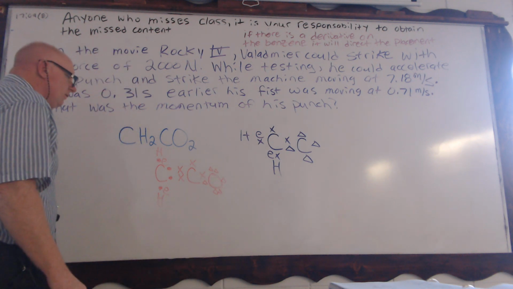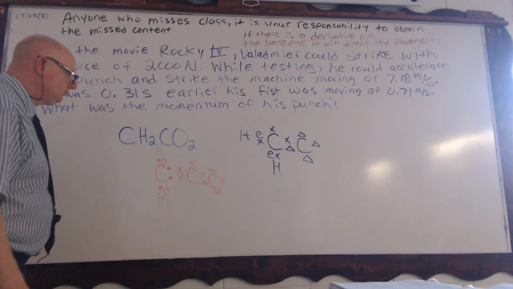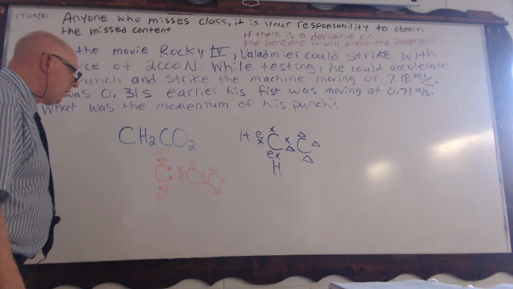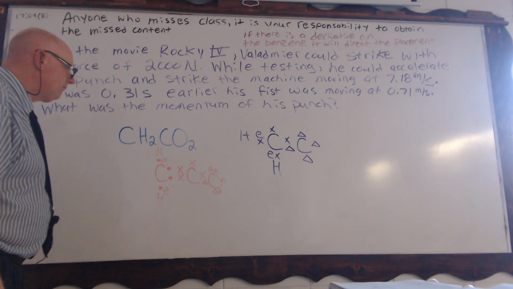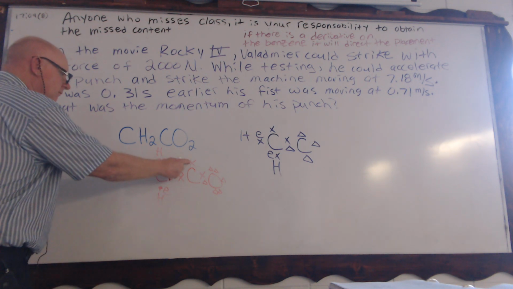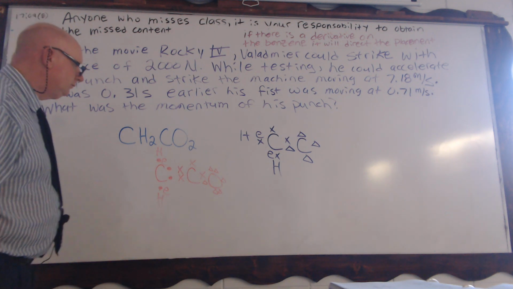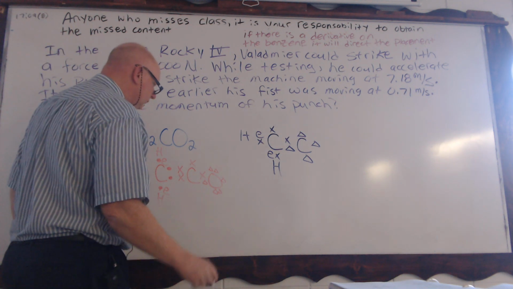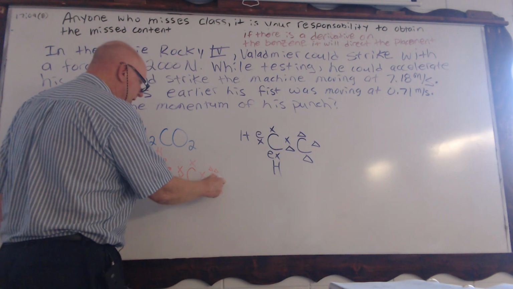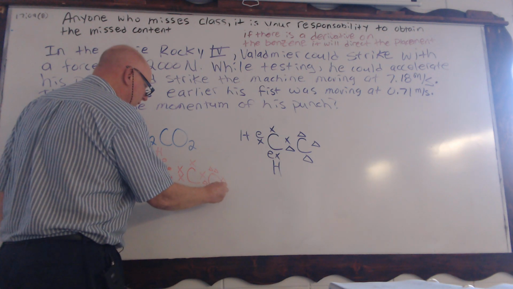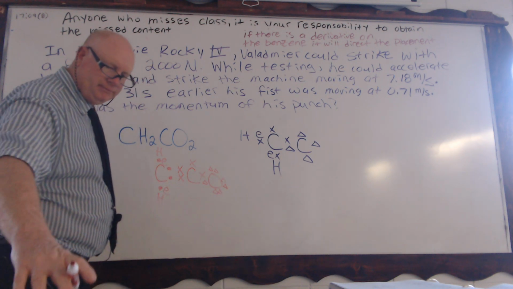And then we're out. Just move the one on the top of the carbon to where the O is, and then put the other triangle for the O on the right side, and put that X where that was.